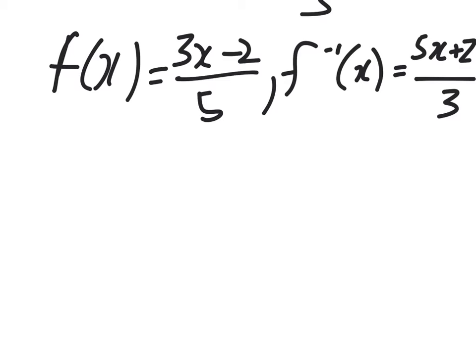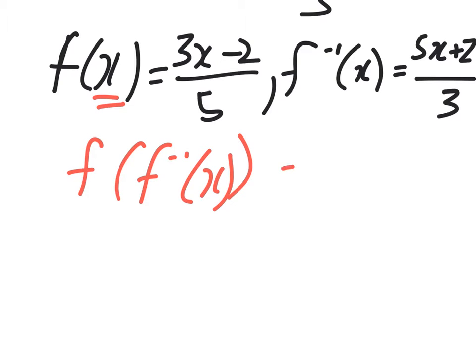So what we're looking at here is that when I start with x, then I calculate what f of x is, and then I put that into the other function that reverses it, and it should take me right back to x. So what should happen is that when I do f of f inverse of x, it should take me right back to where I started, which was x.